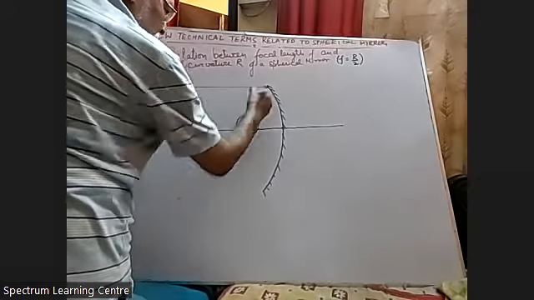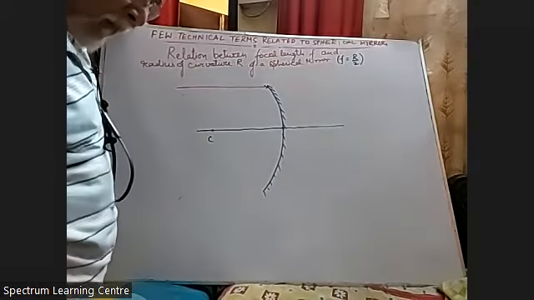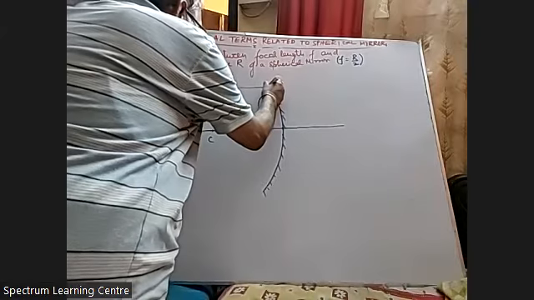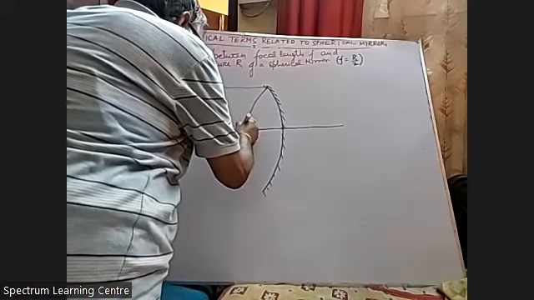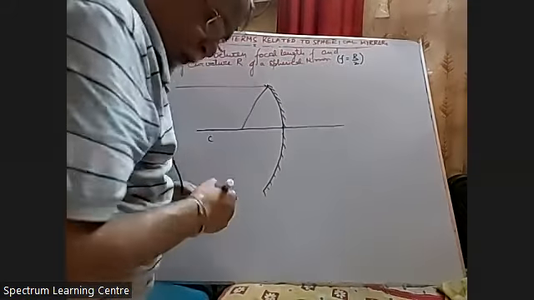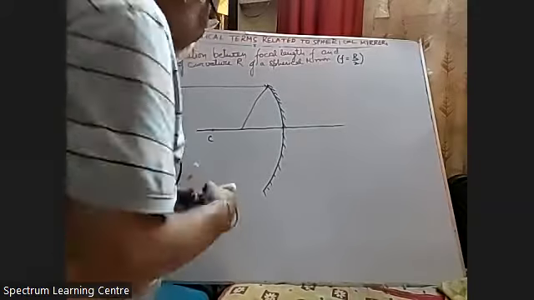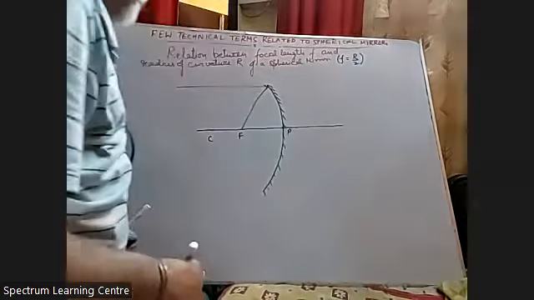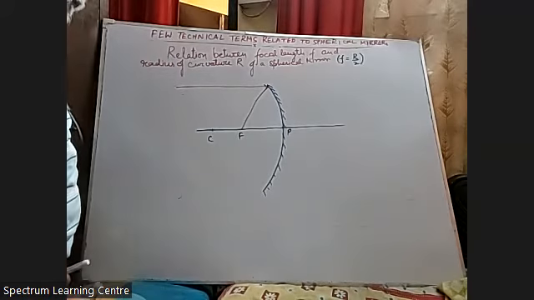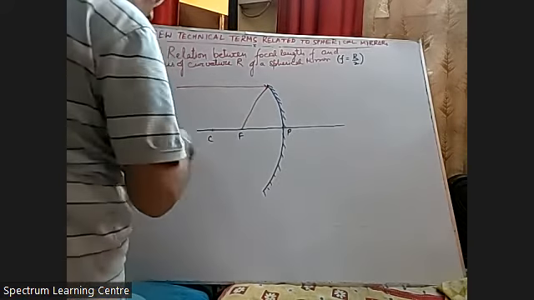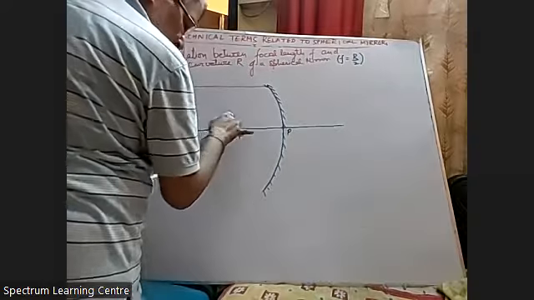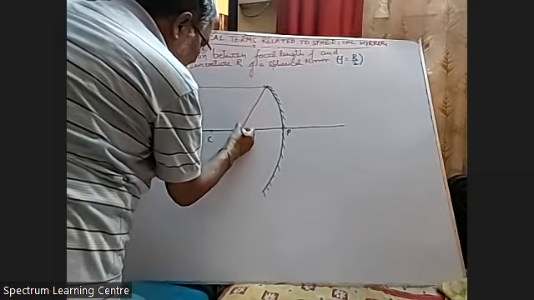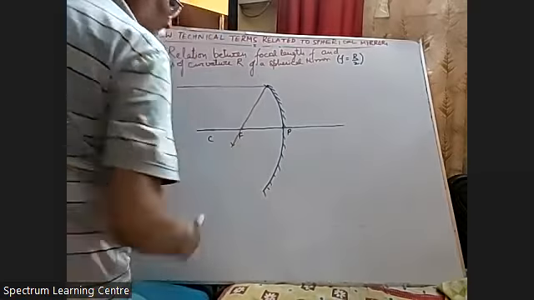It will pass through the focus. This point is focus, and this is pole. Clear? It will pass through focus.